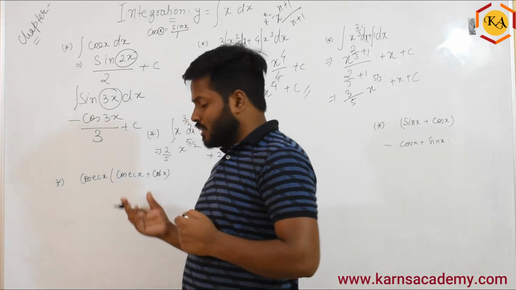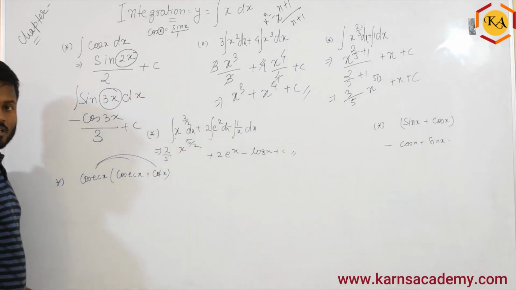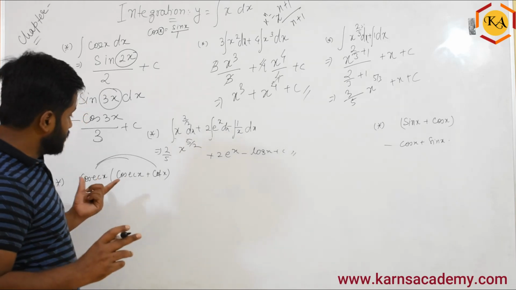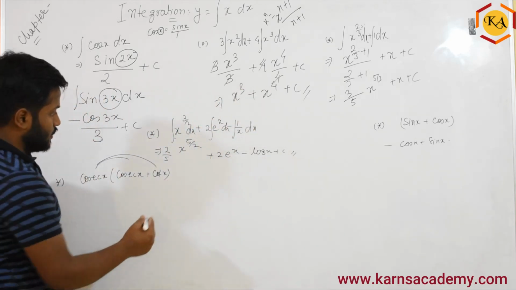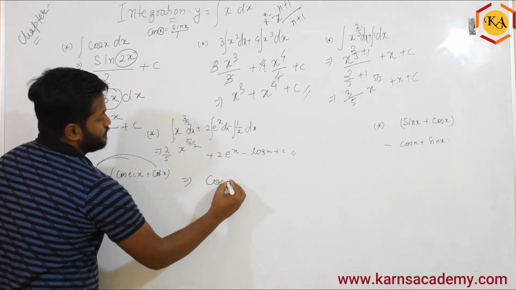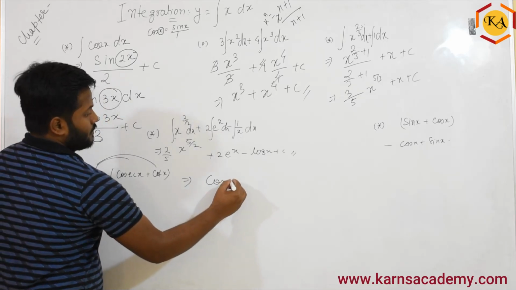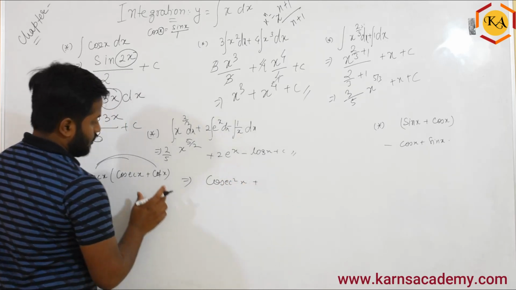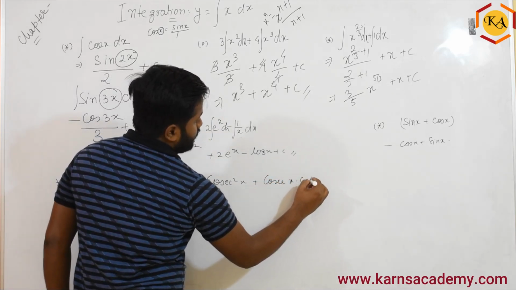Similarly here also. Now in this problem, first let me multiply this. As I told you, if it is not happening directly, first we have to solve this. So when you multiply this, cosecant into cosecant will become cosecant square x plus cosecant into cot will become cosecant x into cot x.